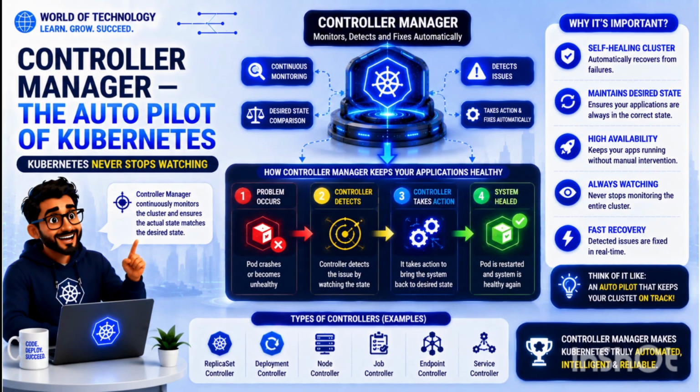Immediately it takes corrective action. It creates another pod. If a node fails, it reacts. If the application drifts, it restores balance. This process is called maintaining the desired state. The controller manager is why Kubernetes feels self-healing. It never stops watching.